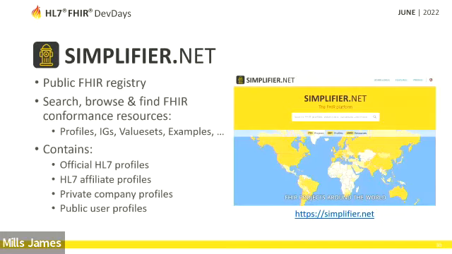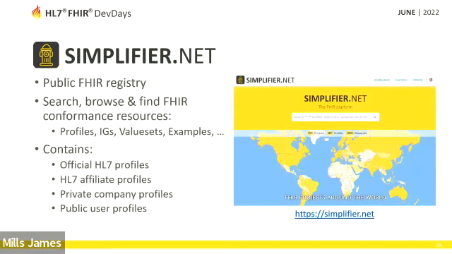So Simplifier is the public FHIR registry, and is the driving force behind that official HL7 FHIR registry. And you can use it to search different conformance resources that others created.